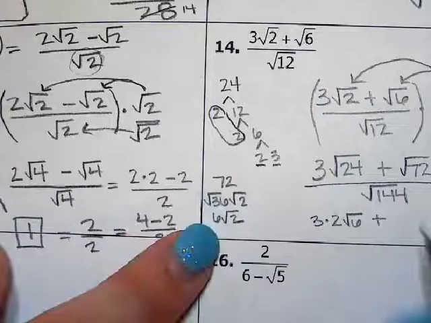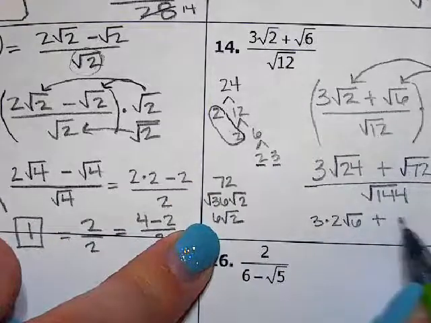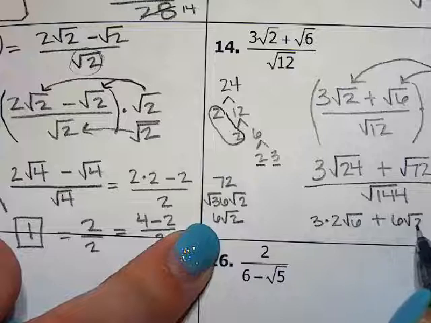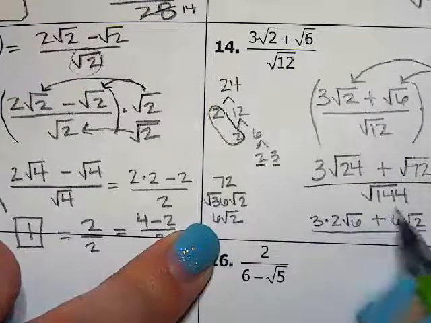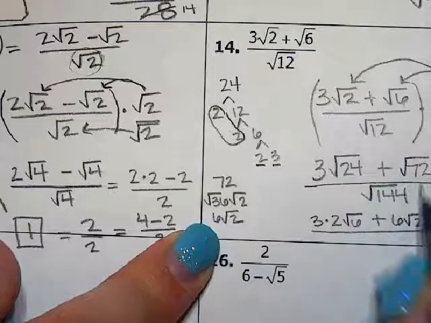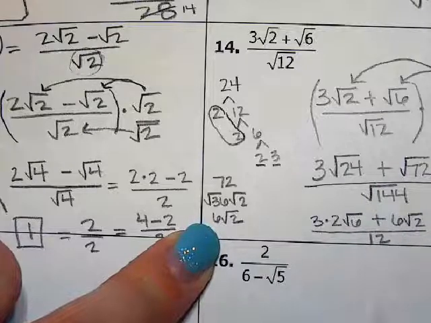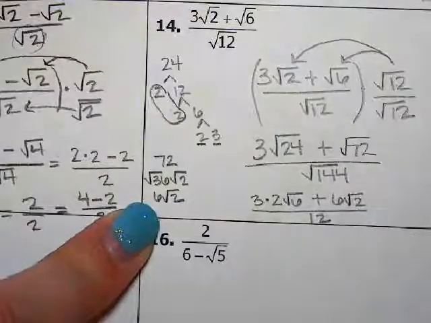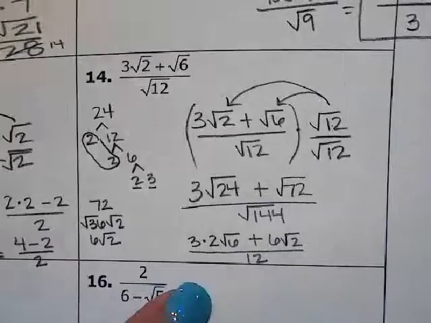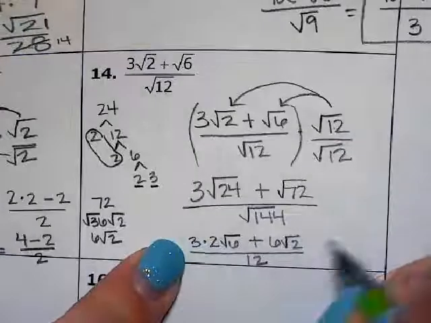Root 144 is 12. Okay. 3 times 2 is 6. 6 root 6 plus 6 root 2 over 12.